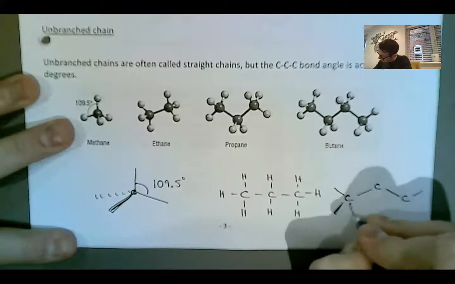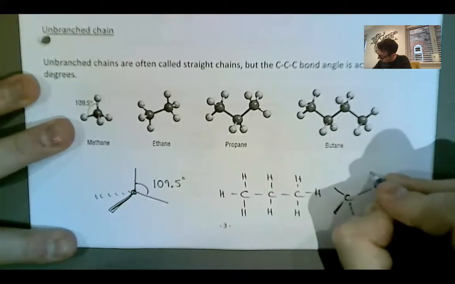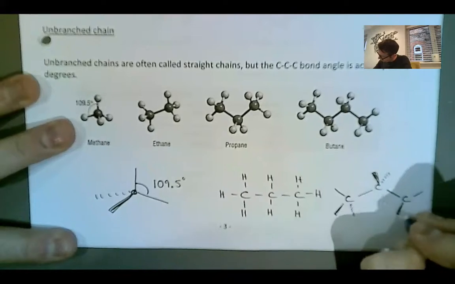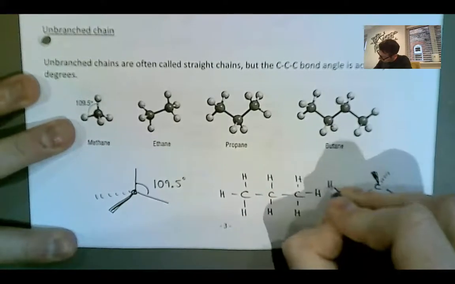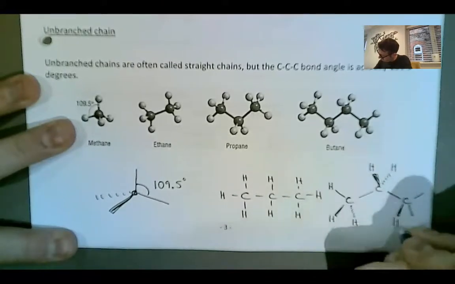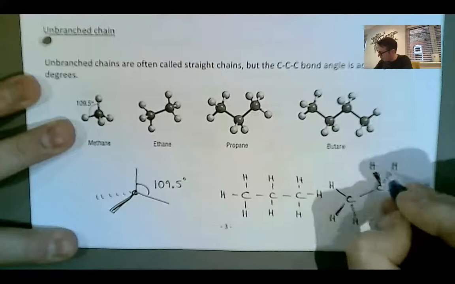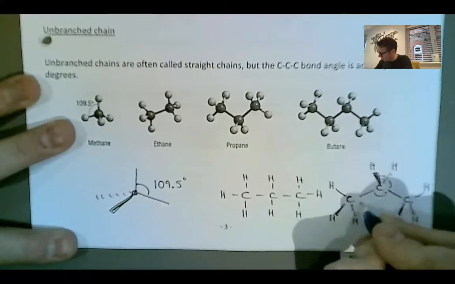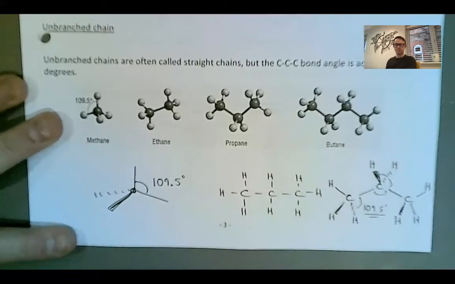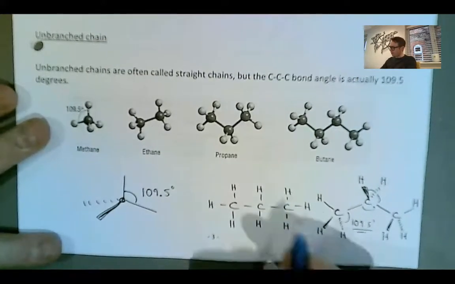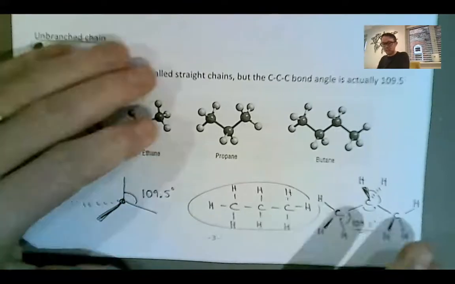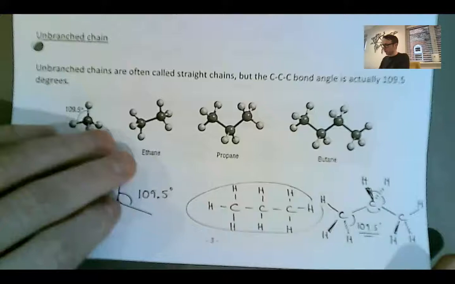Every carbon should have 2 straight bonds, then 1 dashed and 1 wedged bond. So H, H, H, H, H, H, H, H. All of those are going to have bond angles which are 109.5 because they all have tetrahedral bonding. We just use those 2-dimensional structures quite often in organic chemistry, just to make it quicker and easier and simpler to draw these molecules.